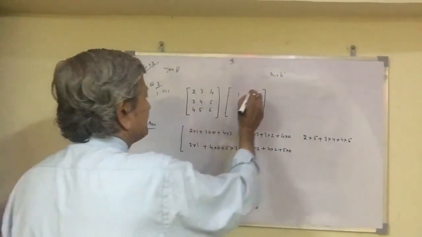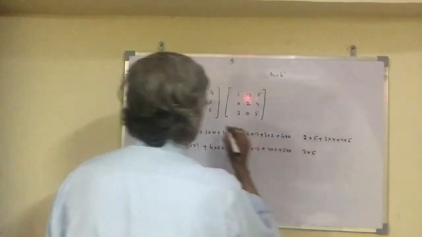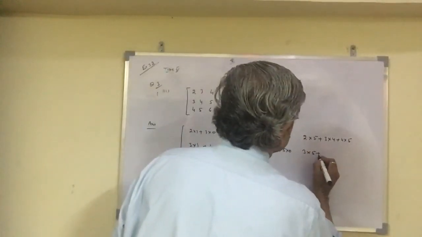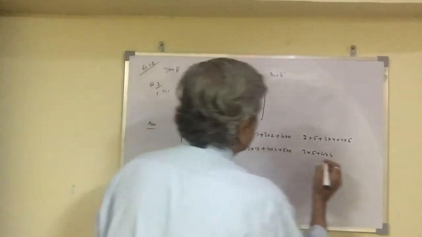Then second row with third column, so 3 into 5, then 4 into 4, then 5 into 5.